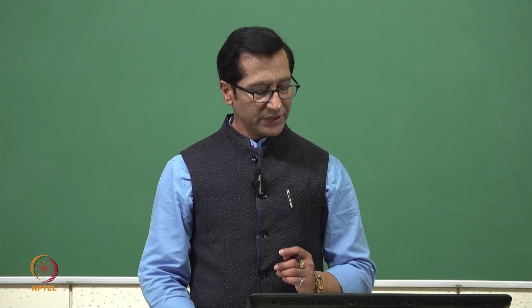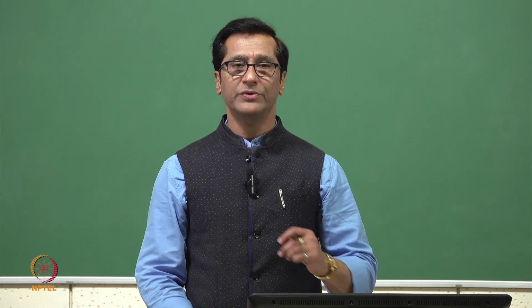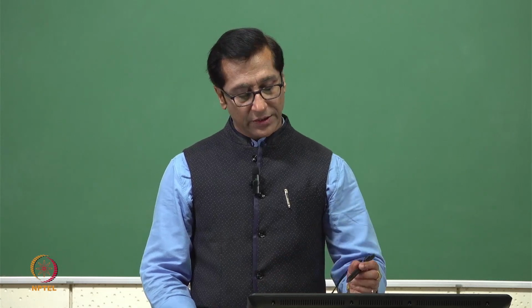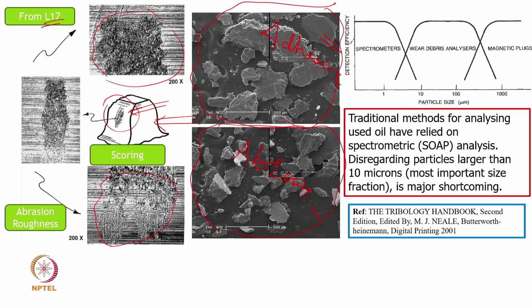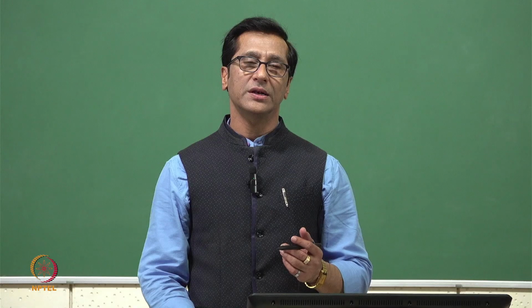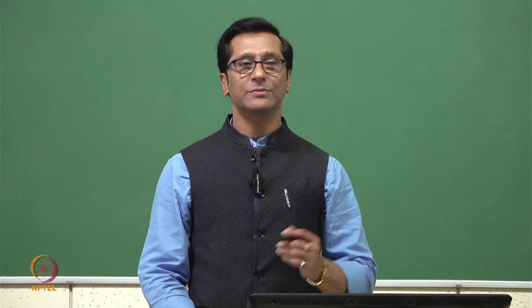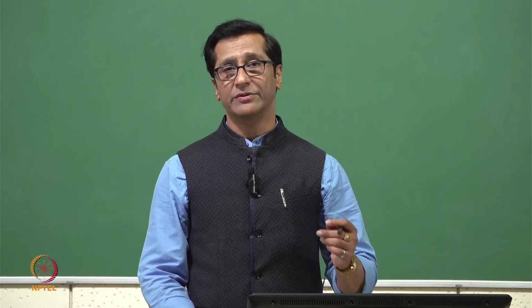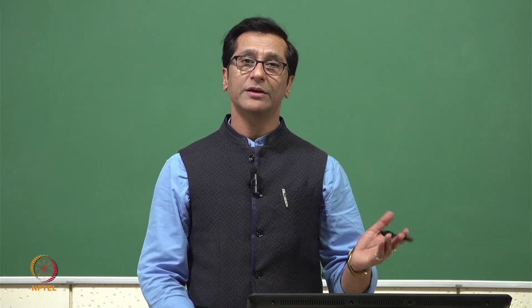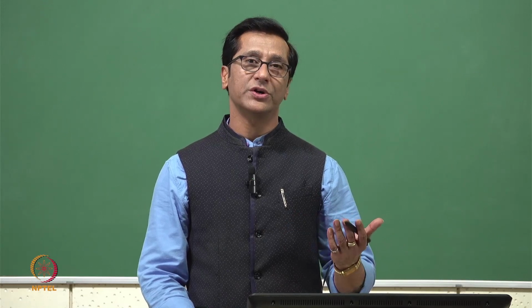Now the question comes: what was happening earlier, and why are we talking about this? Most of the industry does use spectrometers to find out the quality of the oil, because they know that the oil utilizes some additives, and these additives get used up over time. Maybe after one year the EP additives will be exhausted and the DVR additives will be completely utilized, so we need to change the oil.